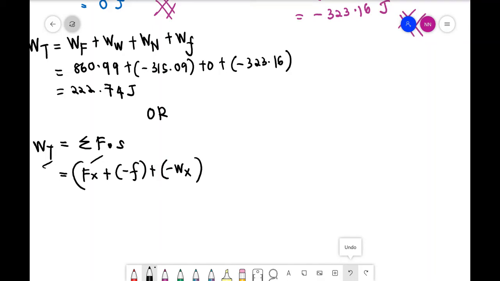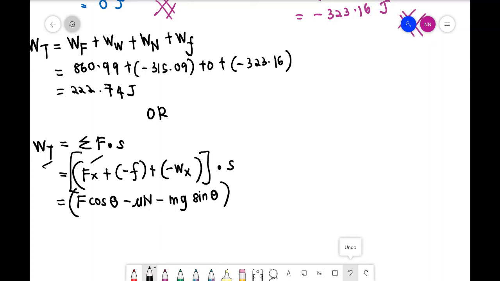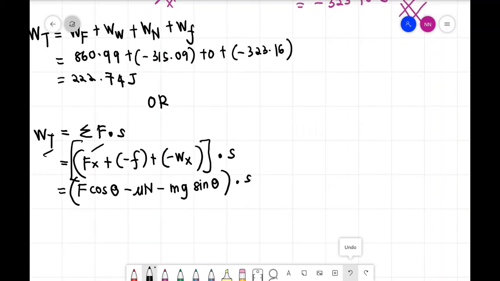This is the net force, the resultant force, dot displacement. Fx is F cos theta. Friction equals mu N, which we already calculated. Minus Wx. Wx is mg sin theta. This is the net force dot displacement.